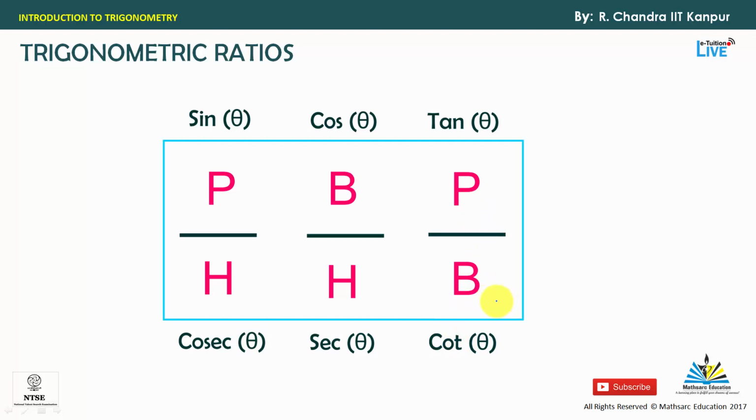We can also memorize it with a saying: Pandit, Badri, Prasad, Har Har Bole. You can remember these 6 trigonometric ratios.